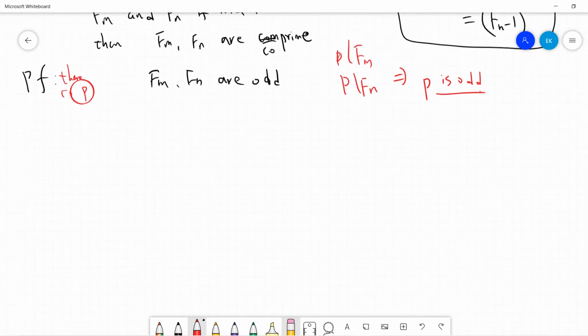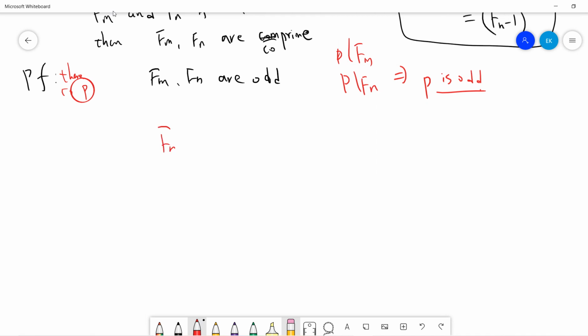So we have F_n minus 1 is congruent to minus 1 mod p, because p divides F_n. Similarly, F_m minus 1 is also minus 1 mod p.